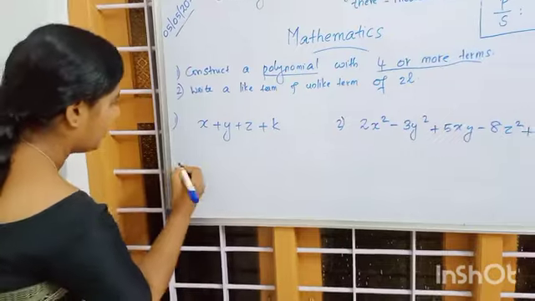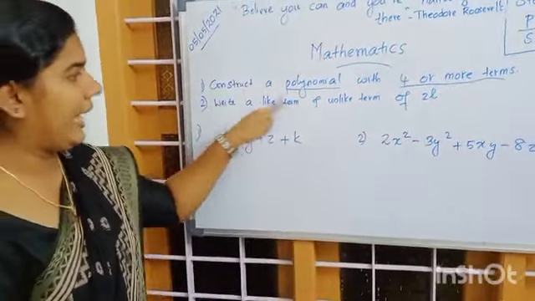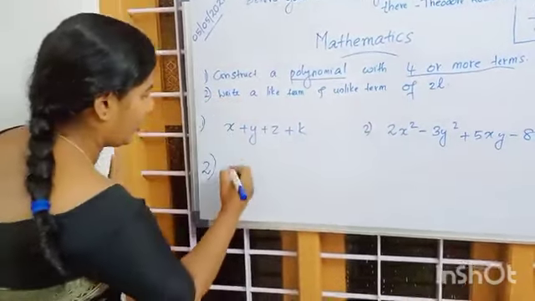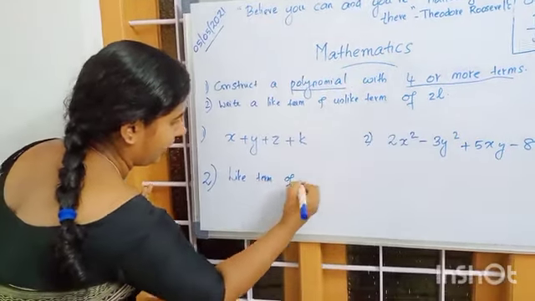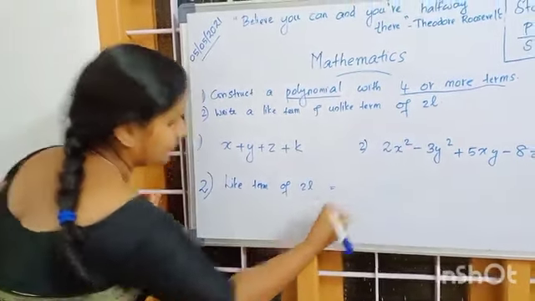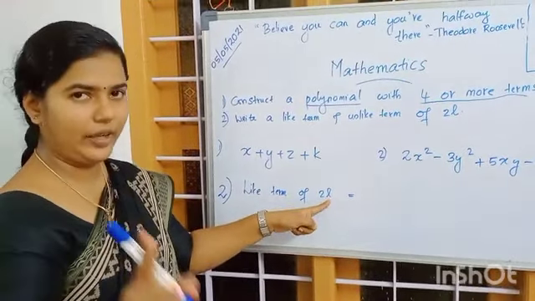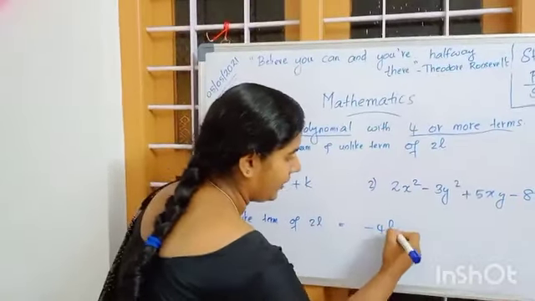Okay. So coming to the second question, you have to write a like term and unlike term of 12. So tell me the like term of 12. Yes, we need the variable L and we can take any number. So negative 4L.